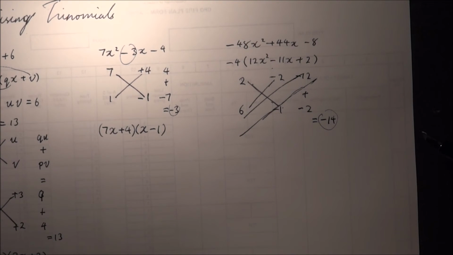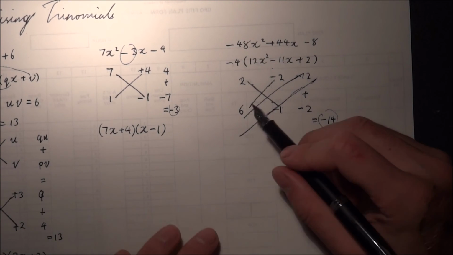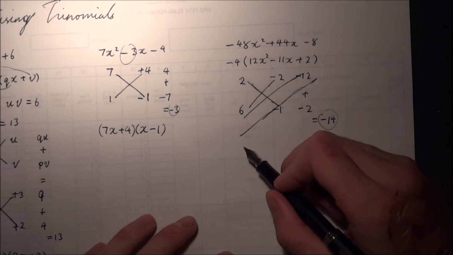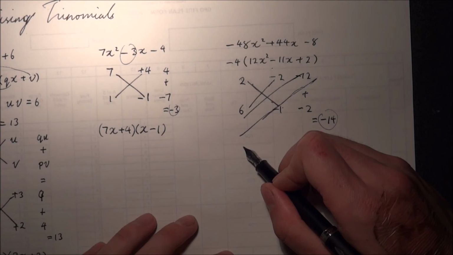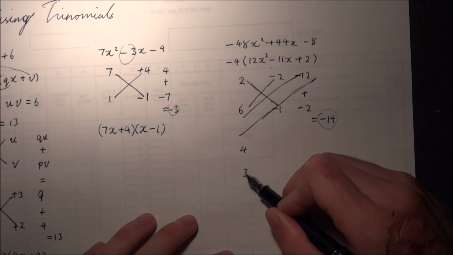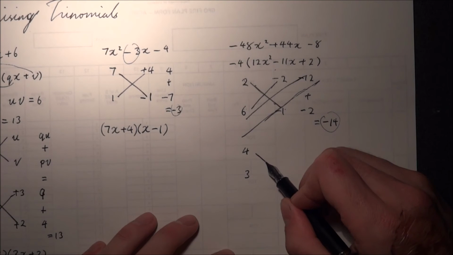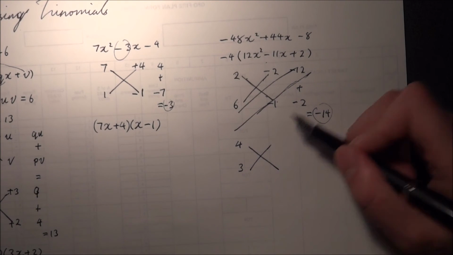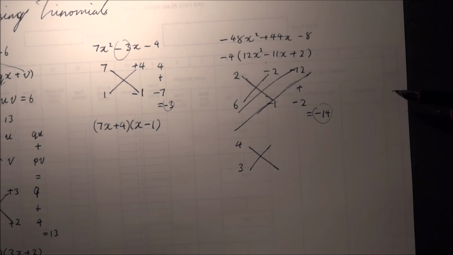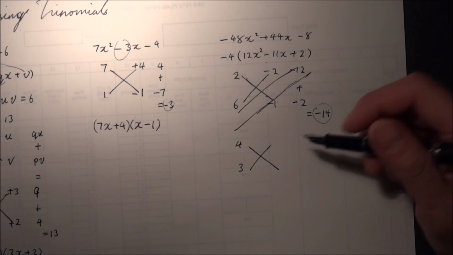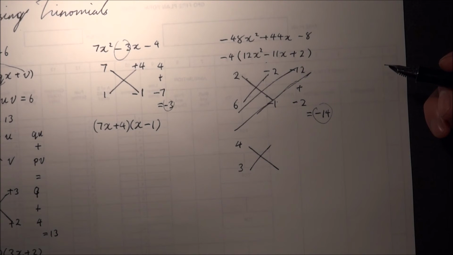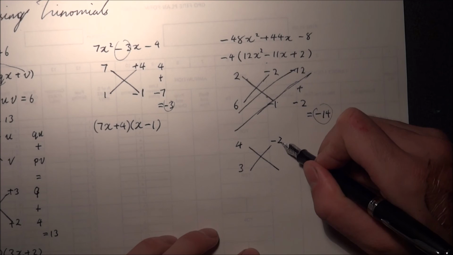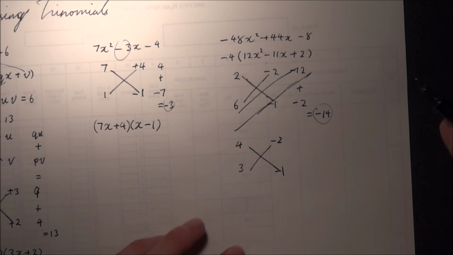Let's try another pair of factors of 12. So let's try 4 and 3. Once again, factors of positive 2, so we have, say, negative 2, negative 1.